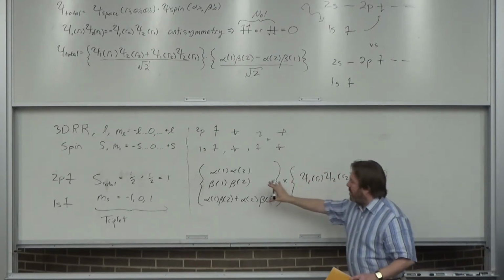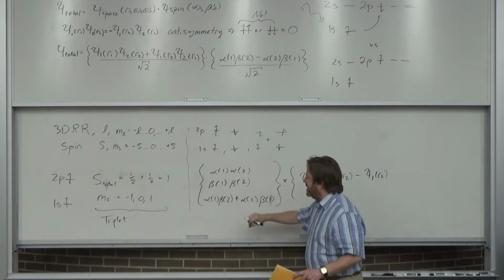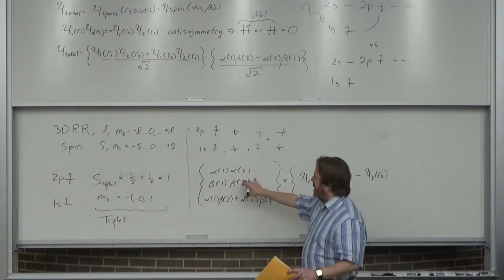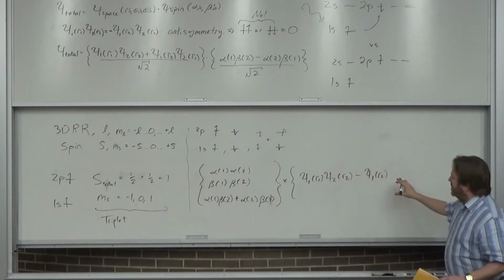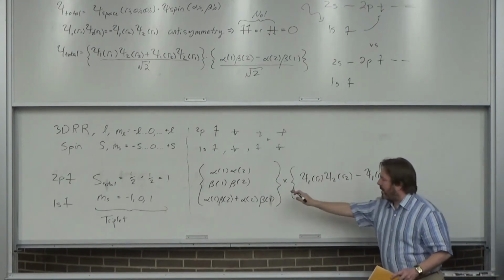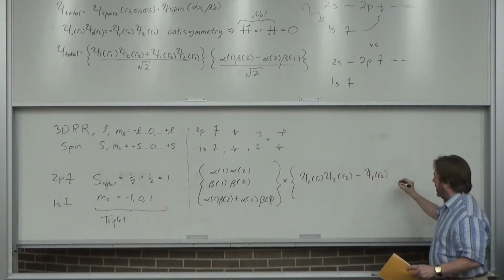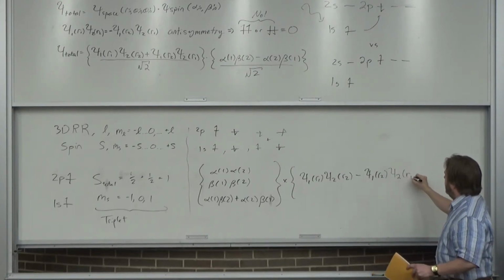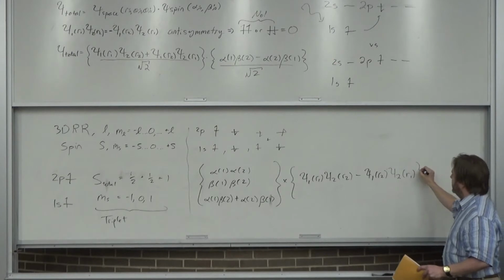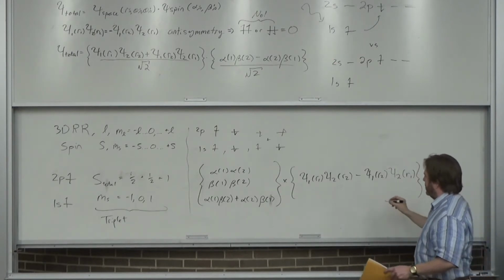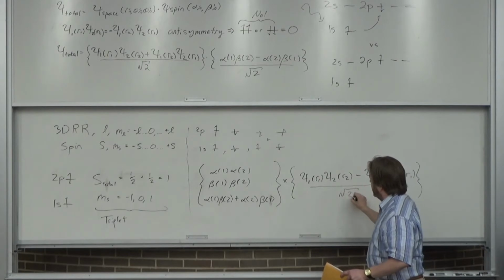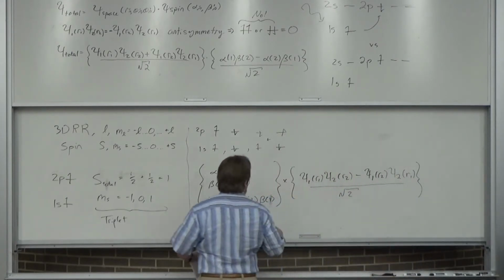The spin part was antisymmetric previously, but now this part doesn't have that property, so we're going to put that into the space part. The spin part can't do the trick of picking up the minus sign if you change the labels, so the space part will do it. And I guess there has to be a 1 over square root of 2.